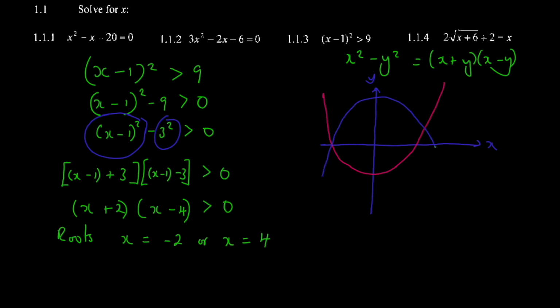So our graph will be smiling, or to be more technical, it will have a minimum. Now you can put -2 and 4 here. These are the roots we were figuring out.